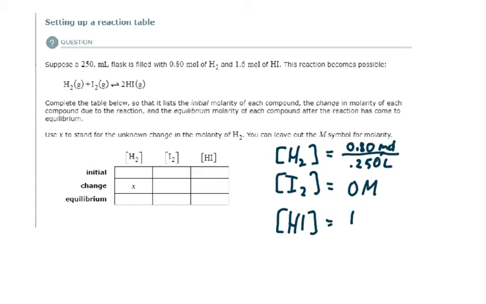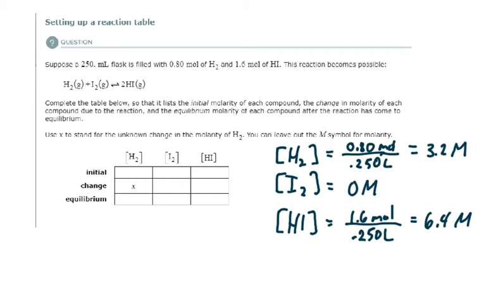And for HI, we've got 1.6 moles divided by 0.250 liters. So let's determine our concentrations there. 0.8 divided by 0.25 is 3.2 molar. Here we have 1.6 divided by 0.25, which is 6.4 molar.